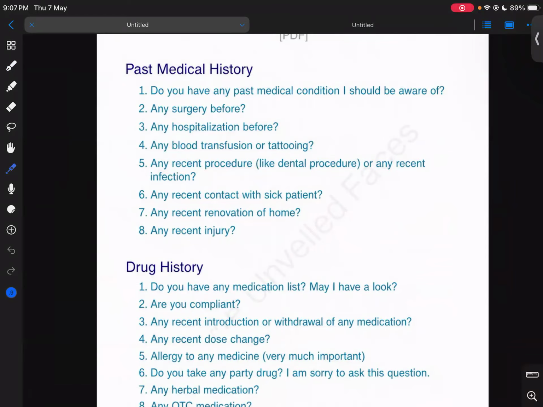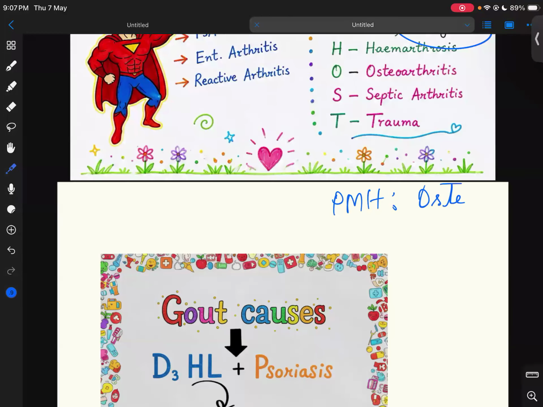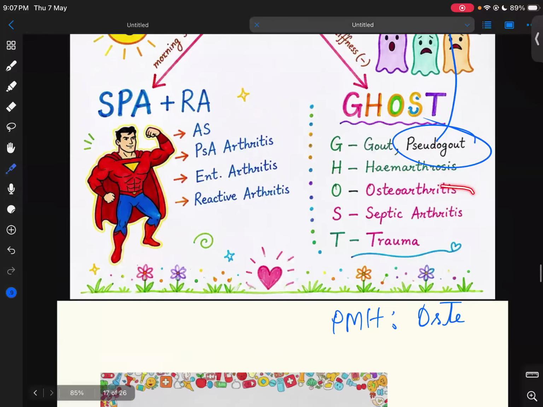She cannot remember the name of the injection, but she was having pain. That's why the doctor injected something with a needle inside her knee joint. And this answer will never be given unless you ask whether there is any recent procedure or not. That was a case of intra-articular steroid injection, and the diagnosis is septic arthritis.